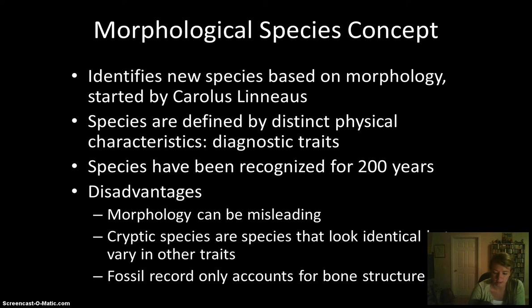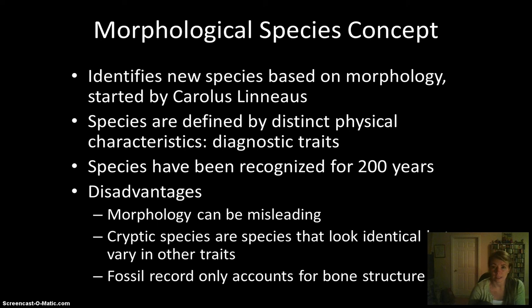Morphology means physical characteristics. And he looked at specific things called diagnostic traits, which he thought were distinctive of specific species. And so a lot of these species have been recognized for over 200 years since Carolus Linnaeus started doing this. There are definitely some disadvantages to the morphological species concept, being that morphology can be very misleading.